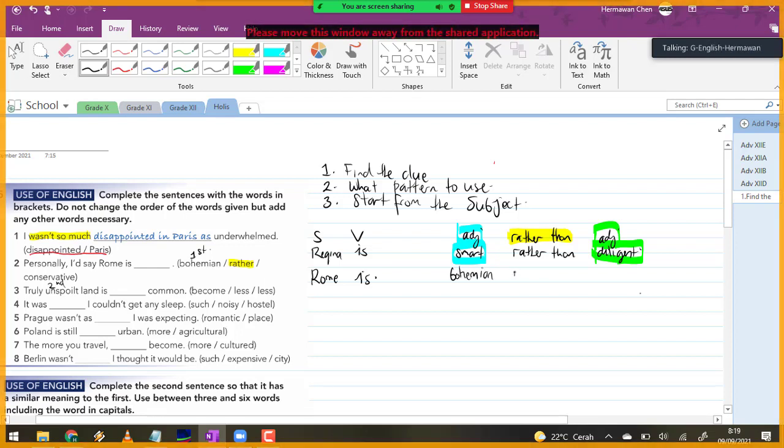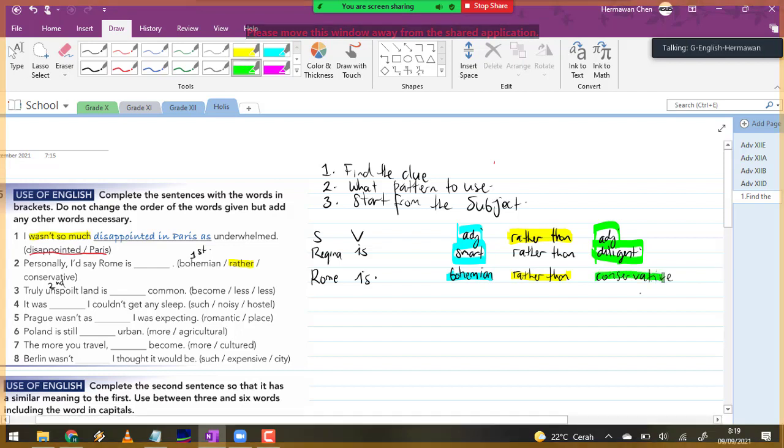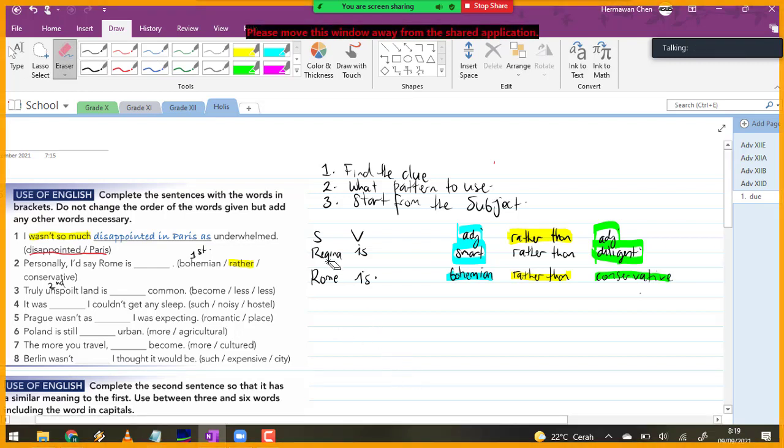Rather is not complete. Make it complete. Rather than. And then conservative. That's it. That's the answer. Bohemian is the first adjective. Conservative is the second adjective. That is the answer for number 2. Any question, guys? None? Okay, I'll continue.